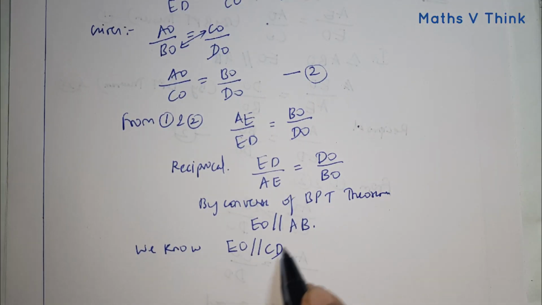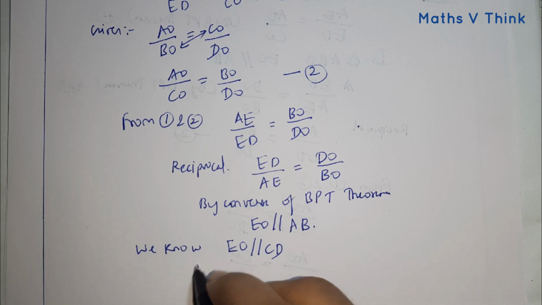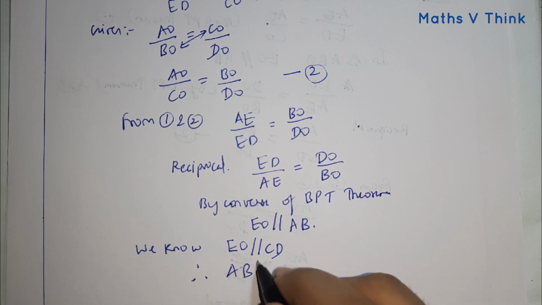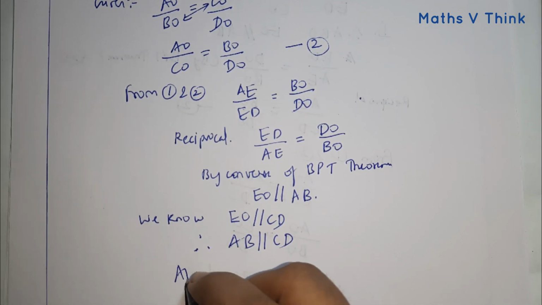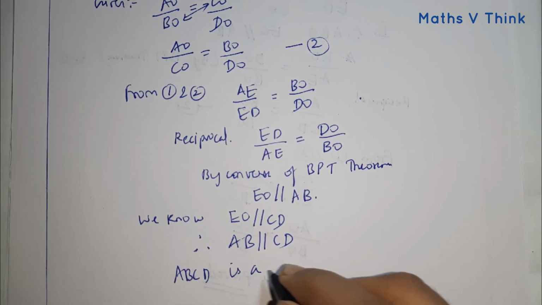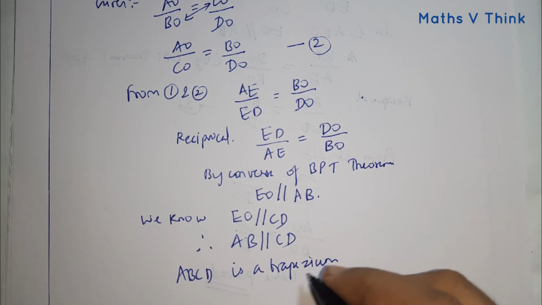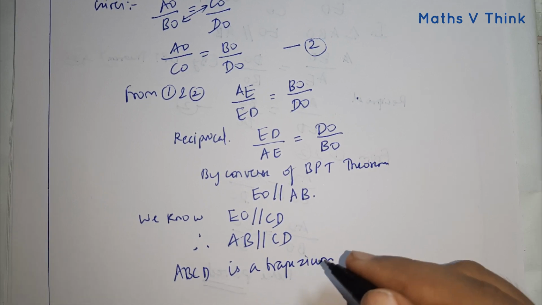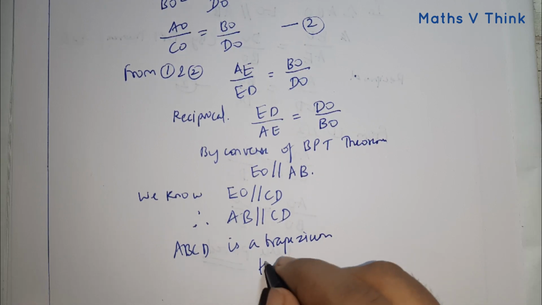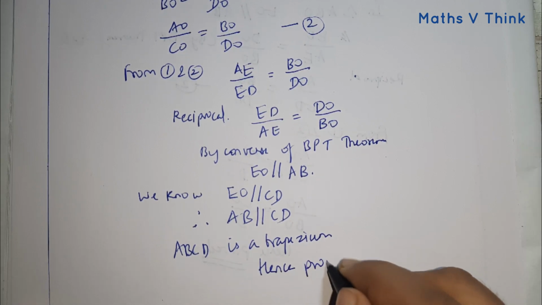EO is parallel to CD. So this will be parallel to this. Therefore, AB will be parallel to CD. So we proved ABCD is a trapezium, because the condition of trapezium is there should be two parallel sides. So we proved that. So hence proved.